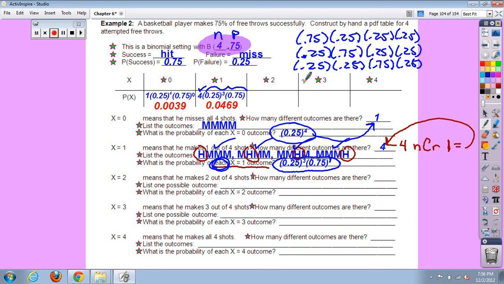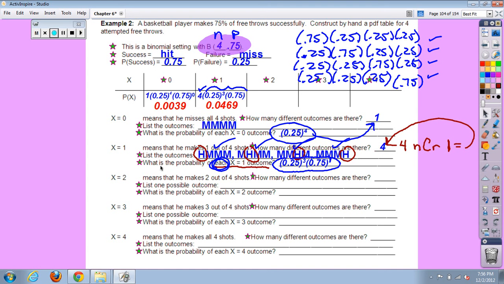Notice, and I'm just going to skip the last one where he makes the last one, we really have 0.25, 0.25, 0.25, that each one of these 4 are really all the same value, because they're all being multiplied together. So that's where I'm getting the 4 times all of these different things here, and I get 4.69%.